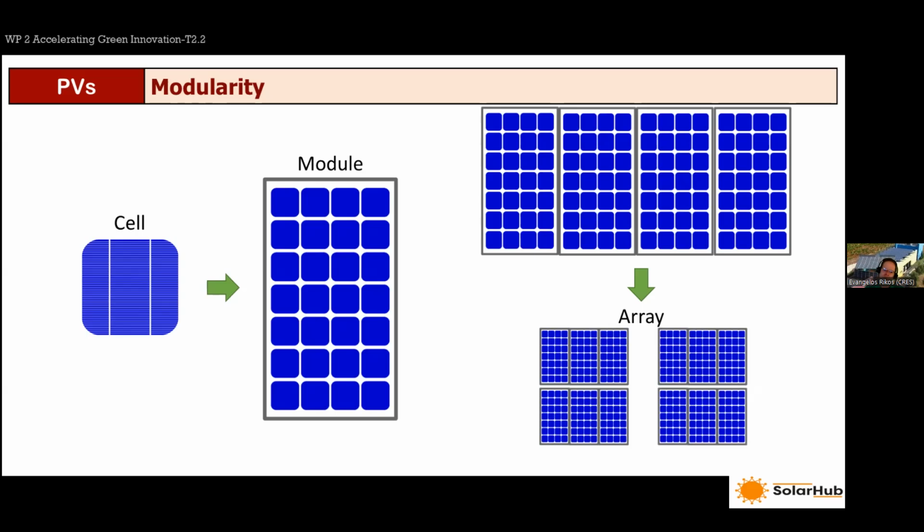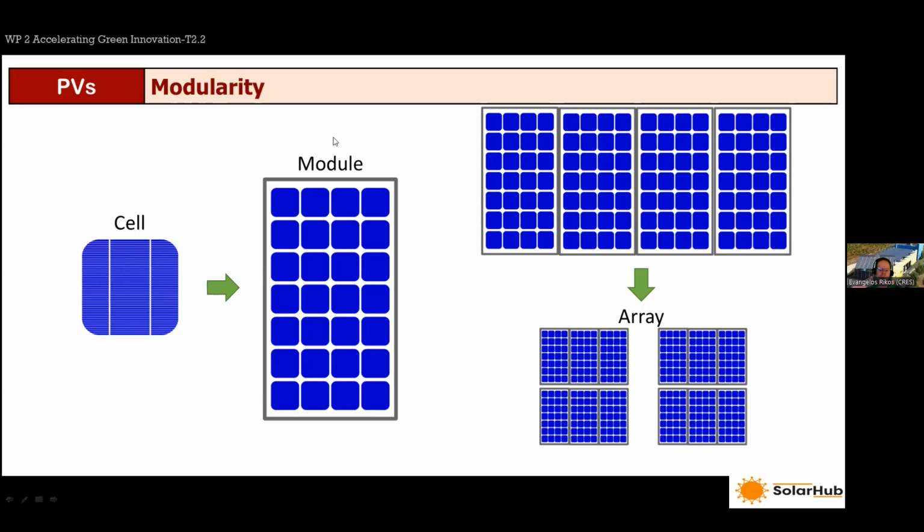But even still, this is not enough. Even though nowadays you can find modules up to, let's say, 500 watts in a single module, so a small scale photovoltaic system can be built with only one module, there are several applications that require a lot higher power.